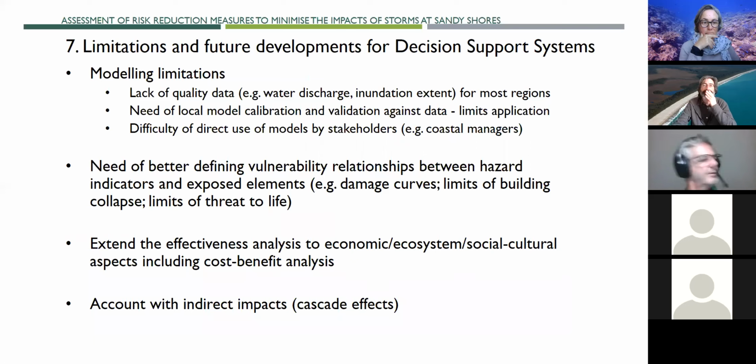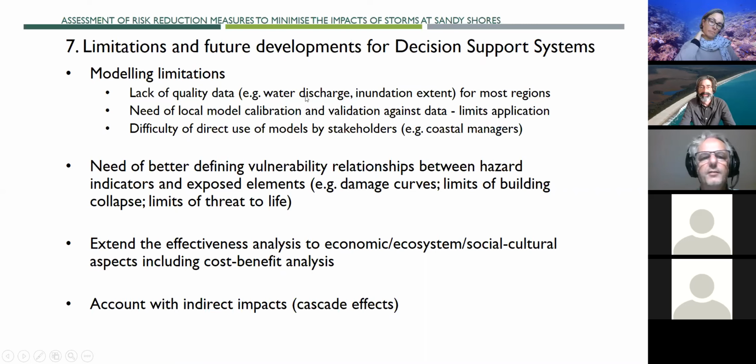Well, of course, there are still a lot of limitations and future developments to be done for these decision support systems. One of them is the modeling limitations. We still have a lack of quality field data for most regions. We do have areas in the world that have been very well studied, but that doesn't mean that all the areas have been. And even on those, we have, for instance, a lack of data on water discharge. It's relatively difficult to measure.